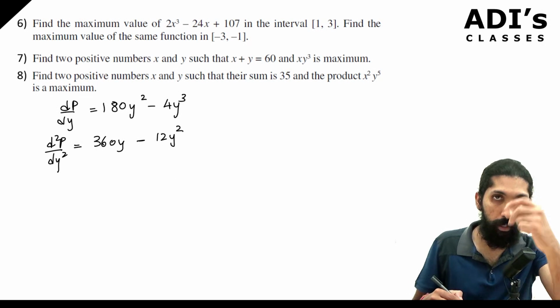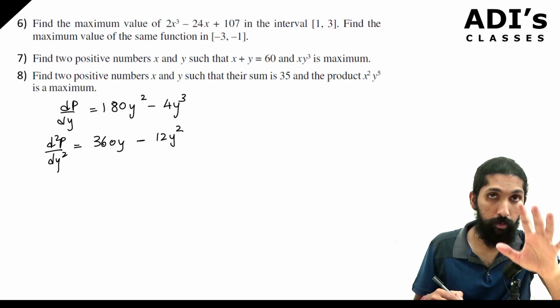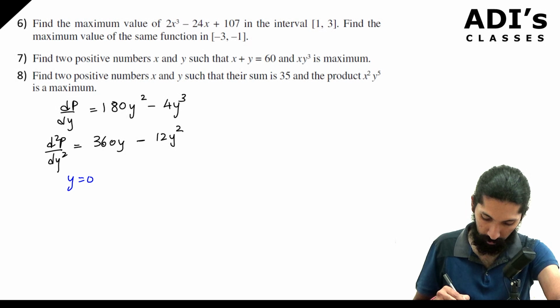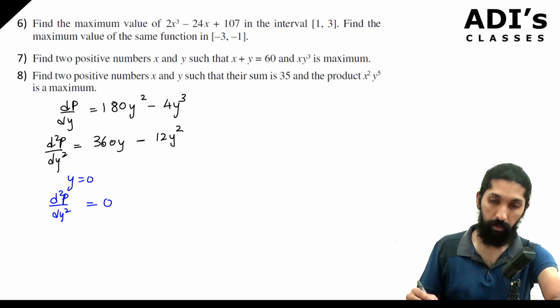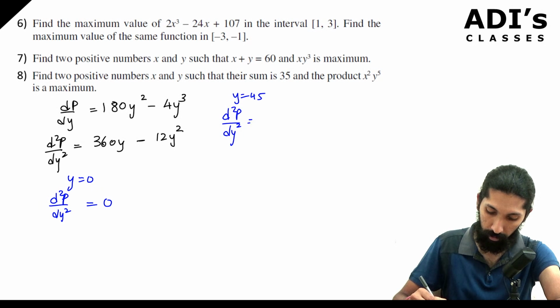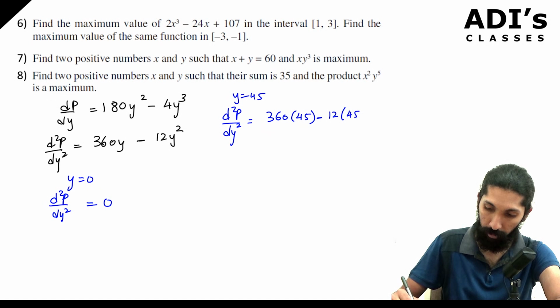Two values we have, one is 0, one more is 45, correct? Suppose y is 0, then the second derivative is going to be 0. Suppose you take y as 45, then d square p by dy square will become 360 times 45 minus 12 into 45 square.